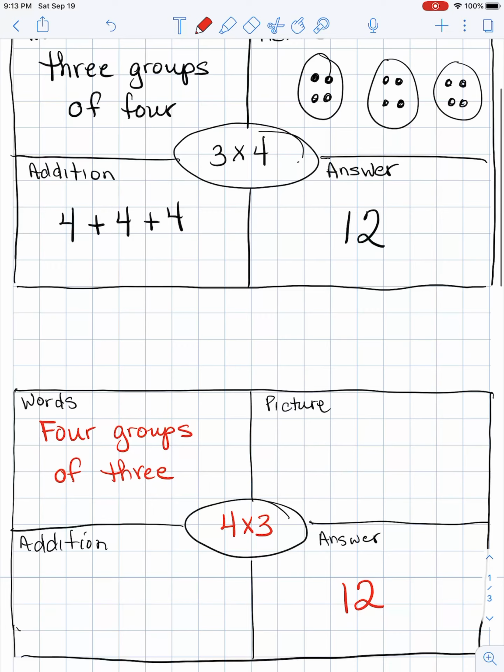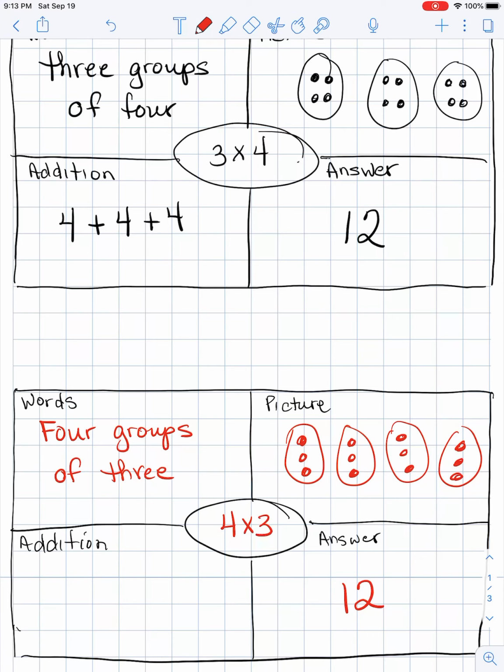How many groups? 4 groups. Here we go. Here's our 4 groups. How many things are in each group? It's 4 groups of 3. So each group has 3. Okay, and that's my group.